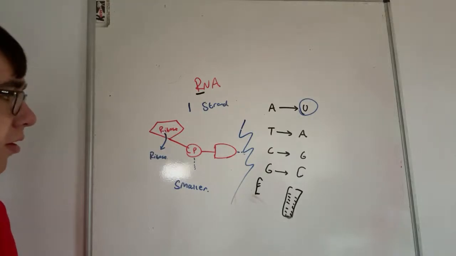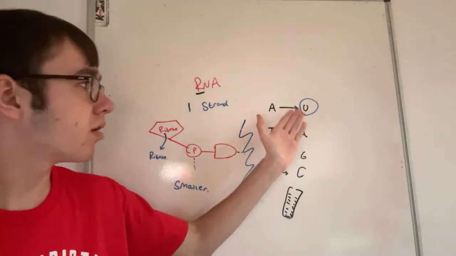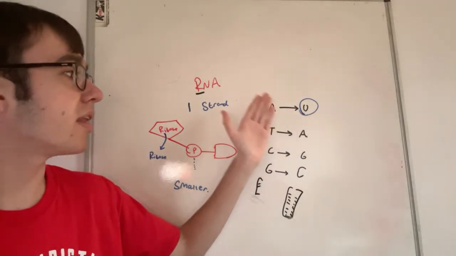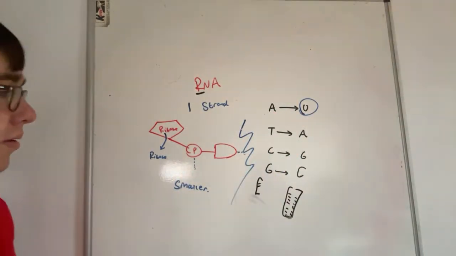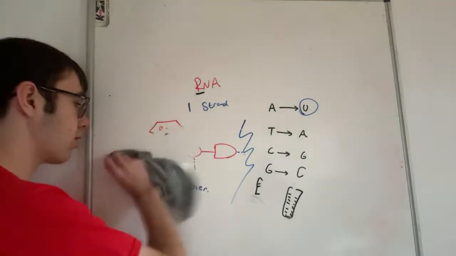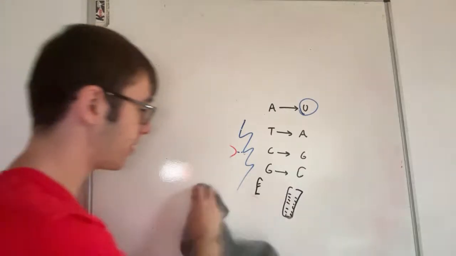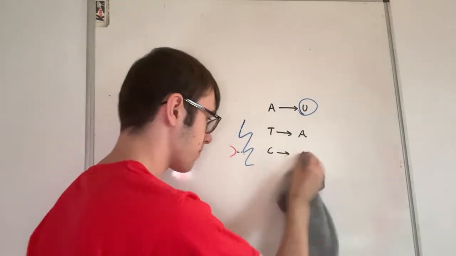So it's a smaller molecule, has ribose strand. It has uracil. Uracil binds with adenine instead of binding with thymine. And that is everything. So that right there, we're already done with RNA. Just have to know how different it is in structure-wise.